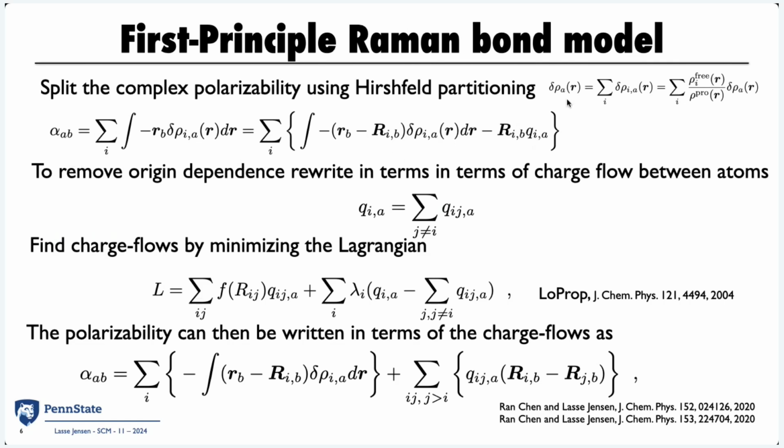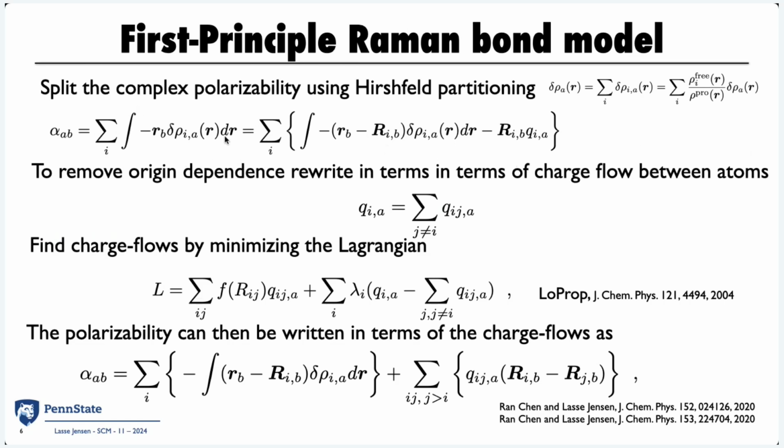This is a straightforward partitioning of the electron density into atomic densities. In this case we're using Hirshfeld partitioning, which is a real space partitioning implemented in ADF. So we can do this for polarizabilities.